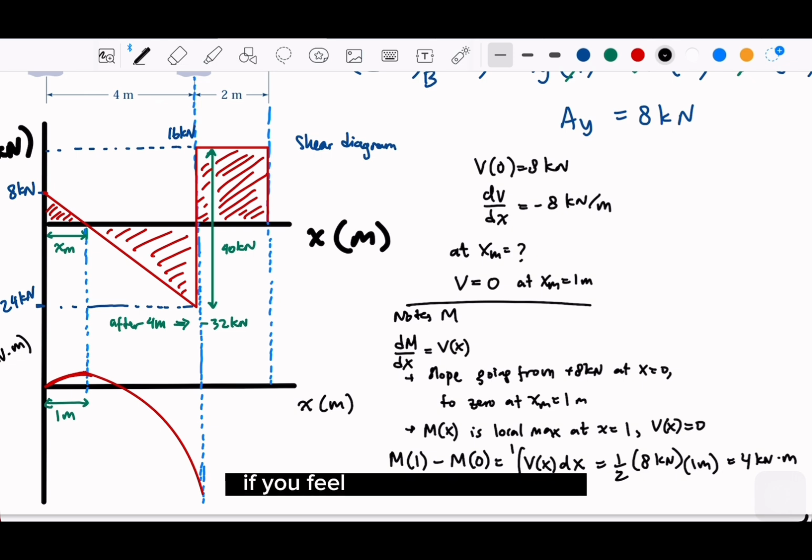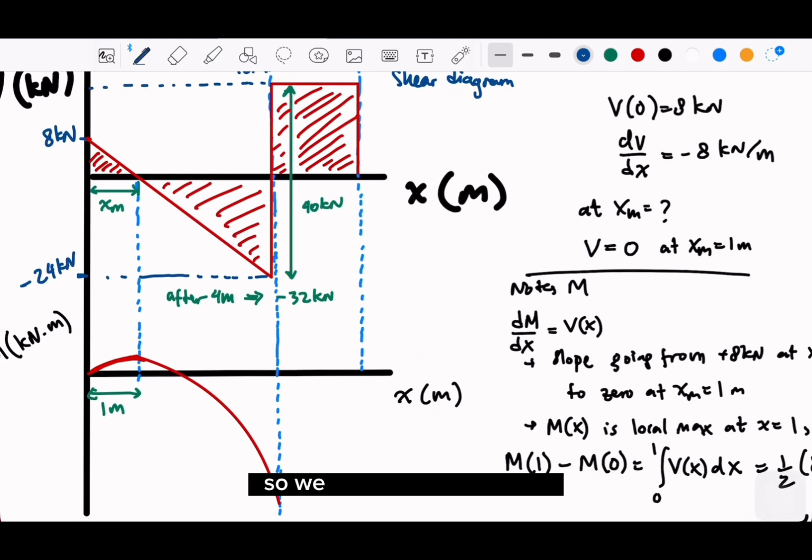If you write this out and maybe you don't have good memories of calculus, you can just take the area. Just take the area. Okay, so 4 kilonewton meter. So right here, this is 4 kilonewton meter.